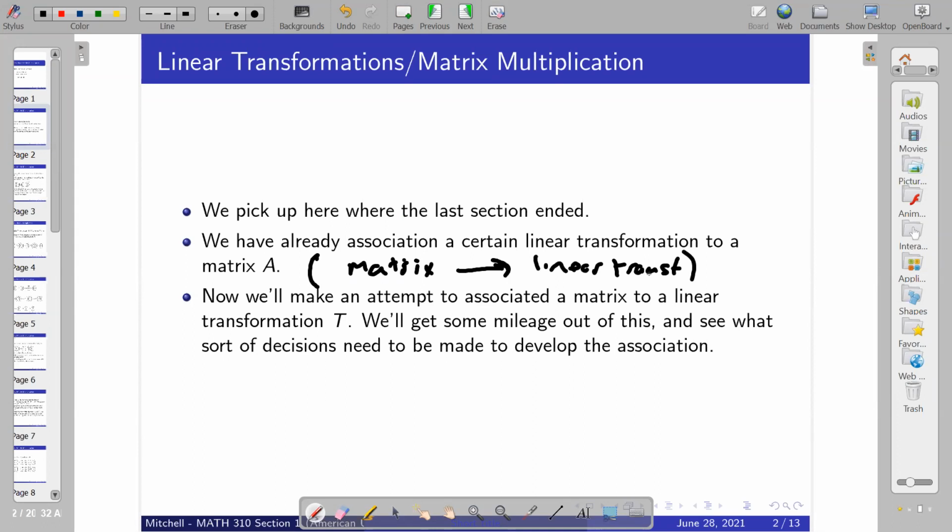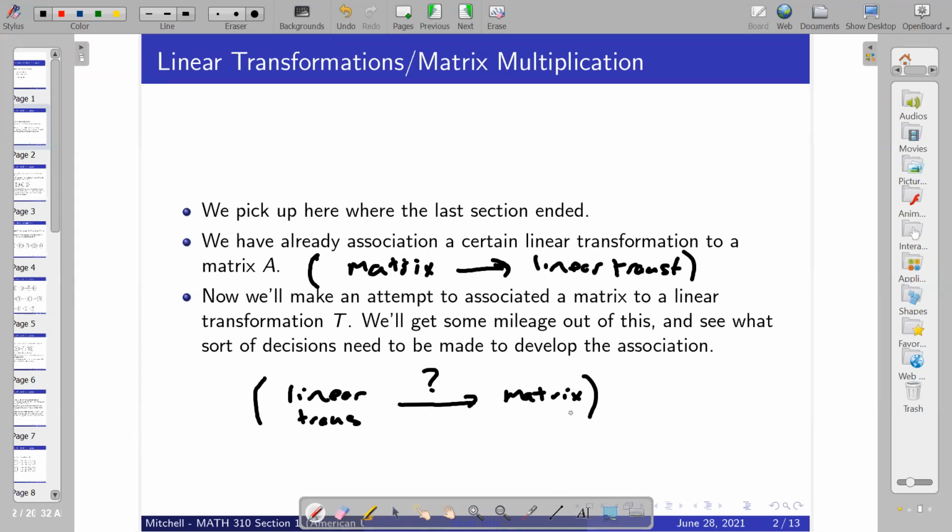With the last bullet point, we're going to try to go the other way. So if we start with a linear transformation, a function, can we associate to that linear transformation a certain matrix?